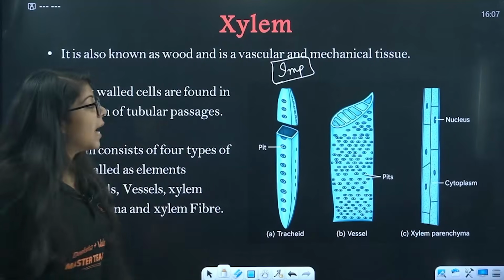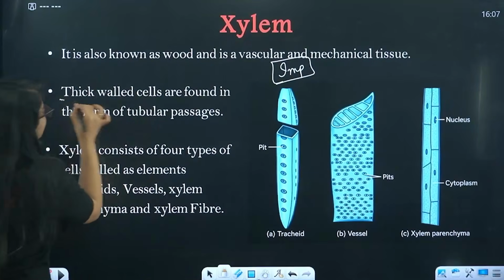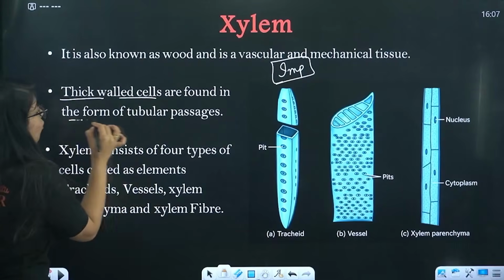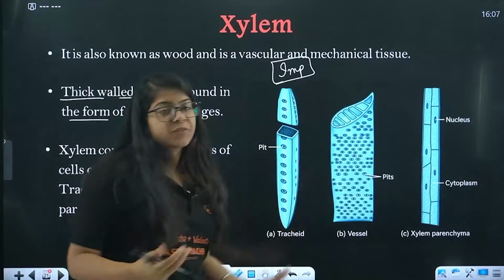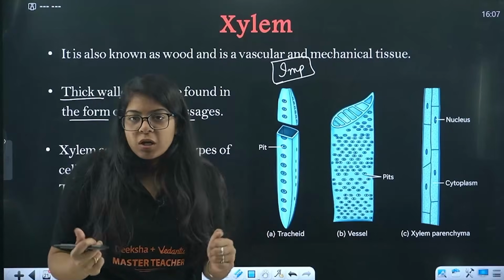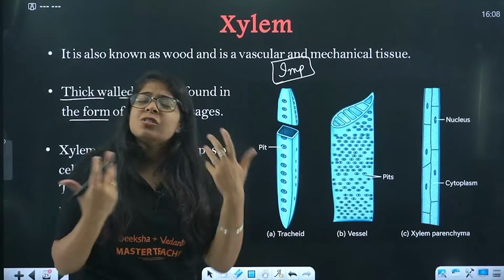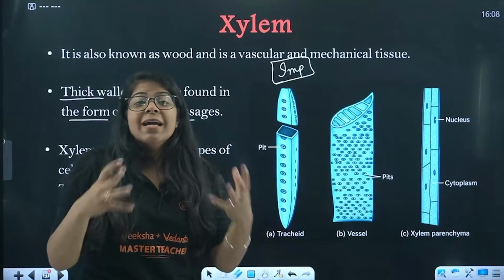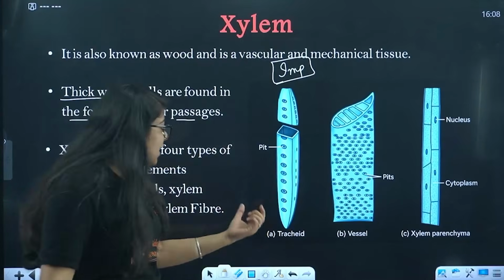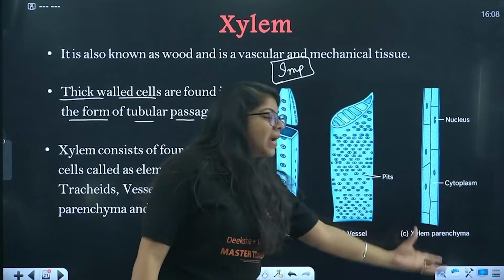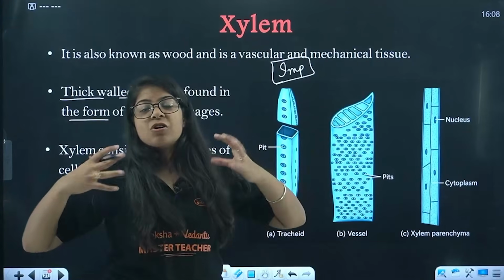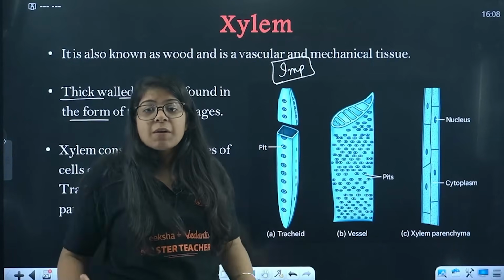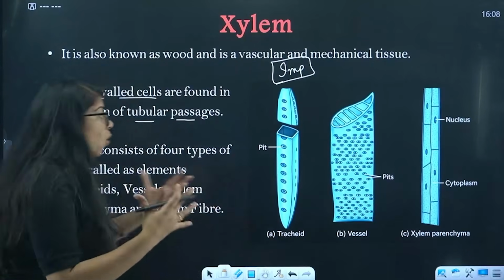It is made of thick-walled cells in the form of tubular passages, like tracheids, vessels, and xylem parenchyma. Just as we take tubes or pipes to transfer water, these structures are like tubes or pipes, so they transfer water.